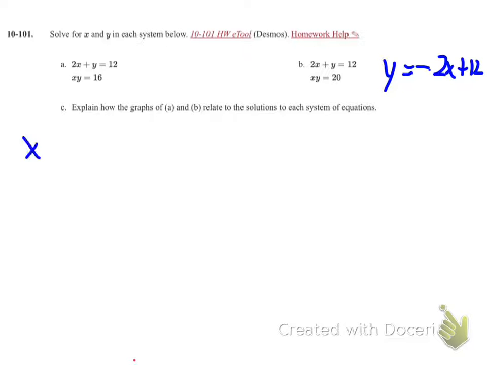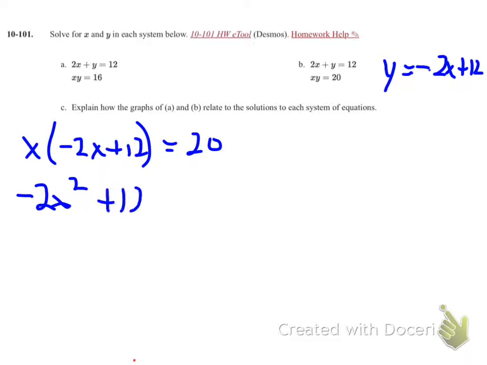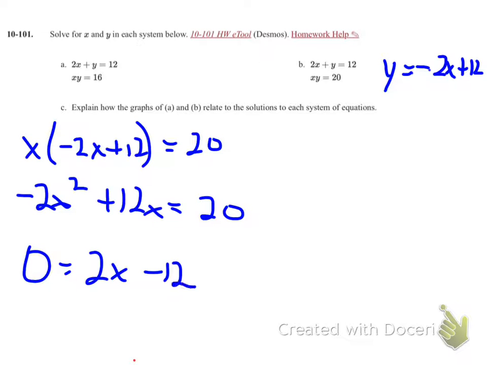So again, I will have x times negative 2x plus 12, and that'll equal 20. Again, distributing, I'll have negative 2x squared plus 12x equals 20. Again, moving to get it equal to 0, positive 2x, oops, sorry, that was positive 2x squared minus 12x plus 20.